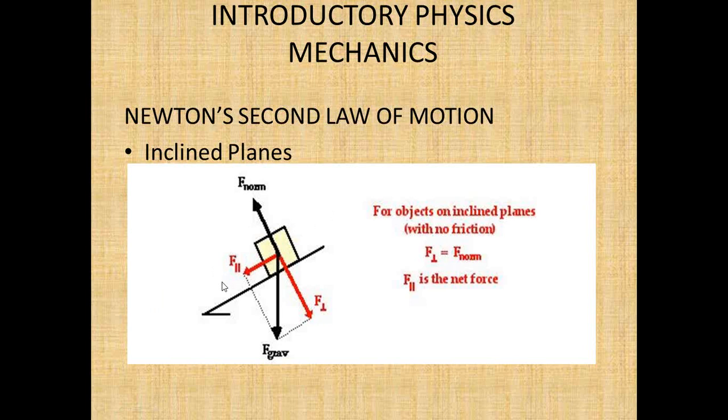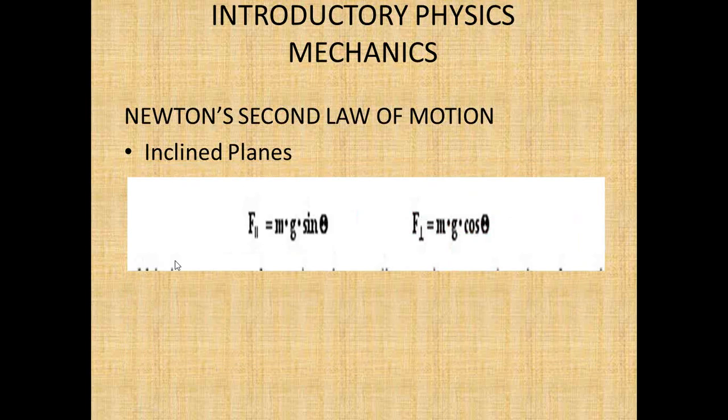And this parallel component is equal to the force due to gravity times the sine of the angle of inclination. Okay? All right, so the parallel component is equal to the force due to gravity, which is mass times acceleration, times the sine of the angle.